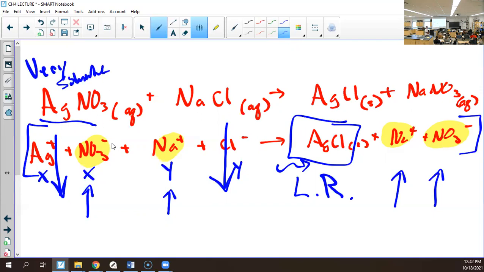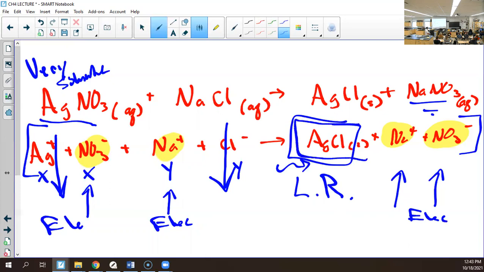Silver nitrate is a very good electrolyte. NaCl, we just saw evidence, right? That's a good electrolyte. Sodium nitrate, one of the most soluble dissociatable substances there is. But this stays together as a solid, which means AgCl is a non-electrolyte.